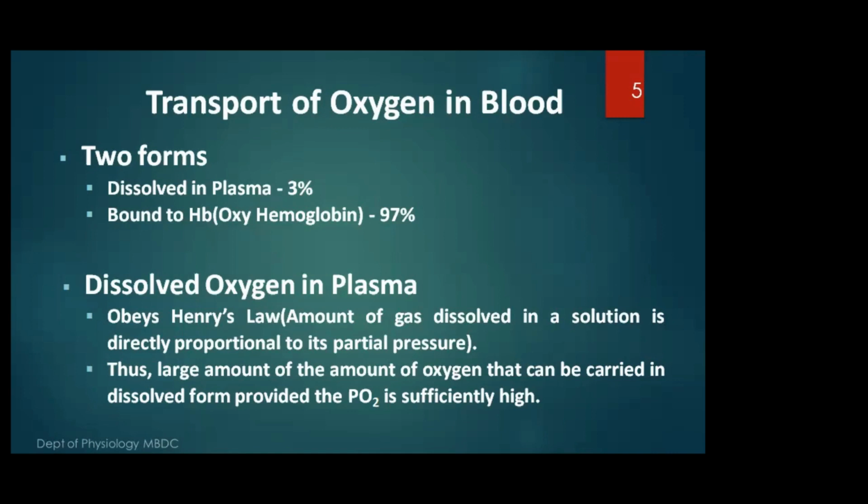Dissolved oxygen in plasma: 3% of oxygen is dissolved in the plasma. That obeys Henry's law. This law states that the amount of gas dissolved in a solution is directly proportional to its partial pressure. So a large amount of oxygen can be carried in the dissolved form, provided the partial pressure of oxygen is sufficiently high.